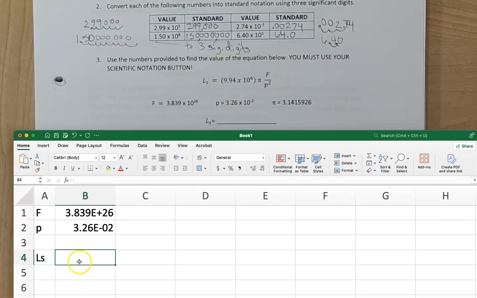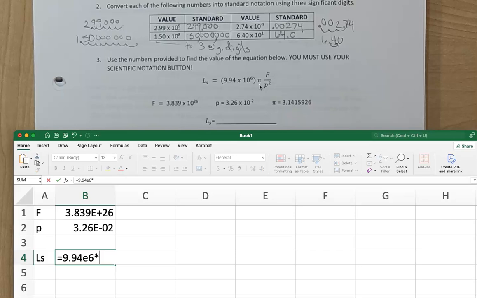Remember what I said in the lecture: if you're going to have your spreadsheet do some math for you, you start out with equals. LS equals 9.94 E6, that's 9.94 times 10 to the 6, times pi. What is pi? I could type out 3.14159 and so on, and that would be fine.